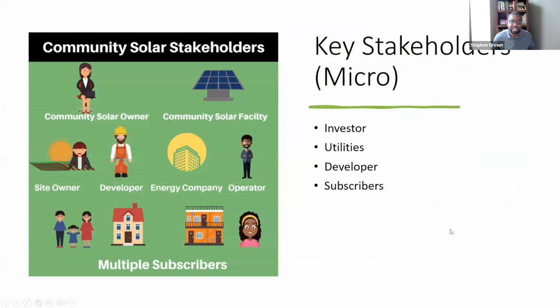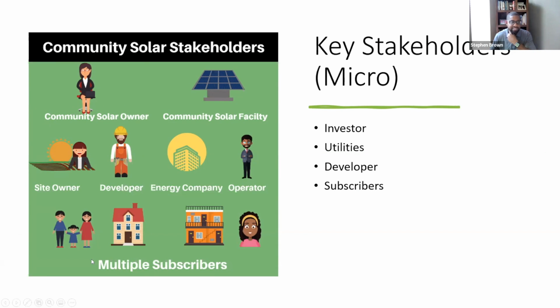Let's dive into that. I broke this down by the micro and the macro whos, because there are going to be key stakeholders that are a core feature in the development of a project. Those four key elements: you'll have your investor, utilities, your developer, and your subscribers. If you look at the picture here, you have the owner or whoever is financing the project.